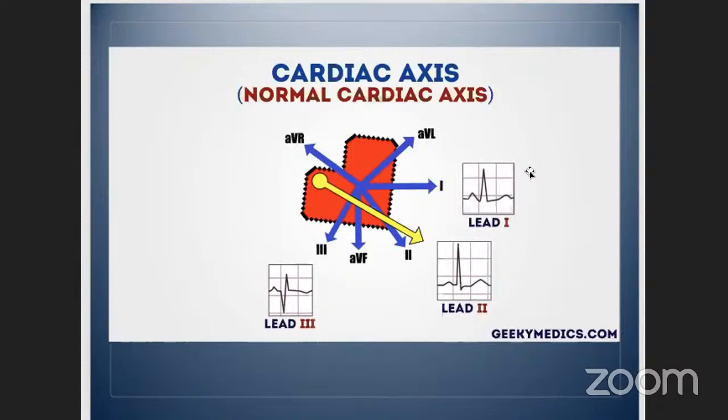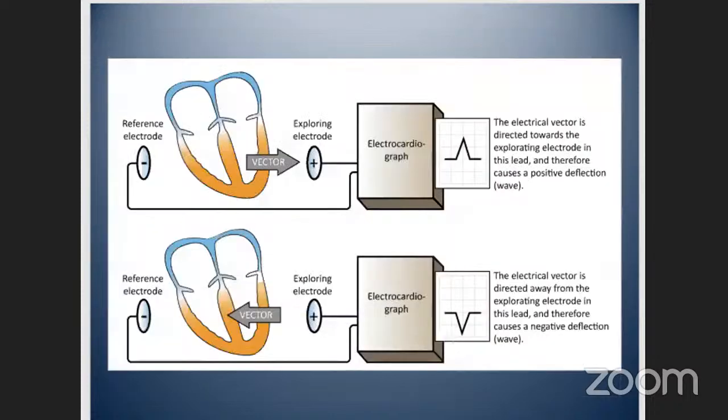If I had a left axis deviation, meaning that my heart was shifted left, it would remain positive on my left hand, but on my right hand most of the vectors would be facing away, and so my thumb would be moved down. I'll show you that again when I start the video a bit later.